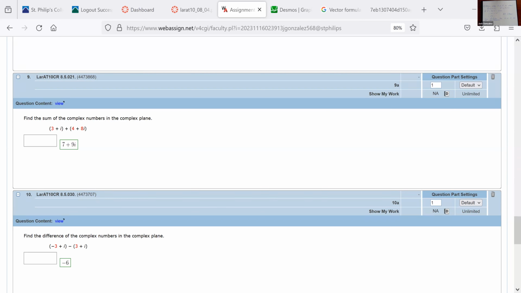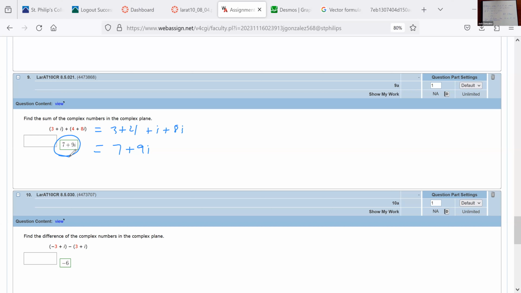So this is basically just very simple algebra. Add the like terms. This would be 3 plus 4, the like terms, plus i plus 8i. 3 plus 4, i plus 8i is 9i. That's all we're doing.